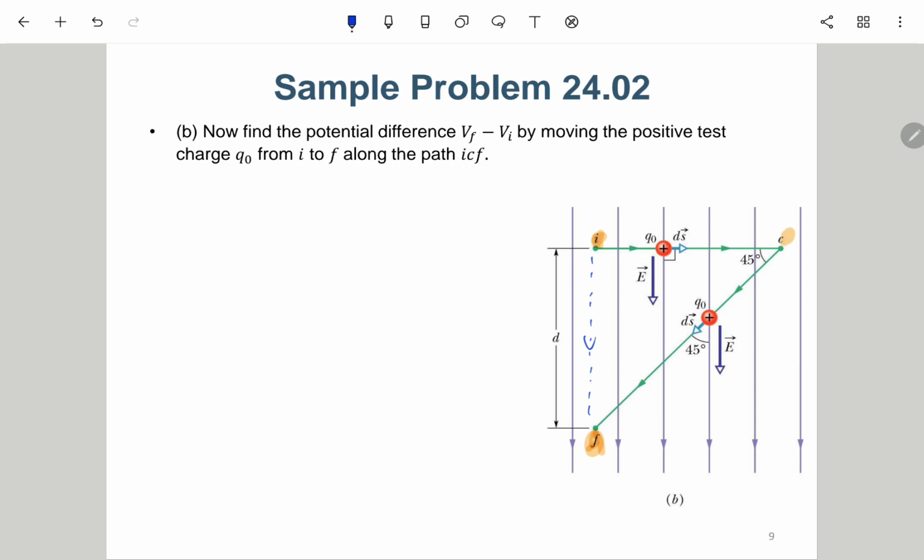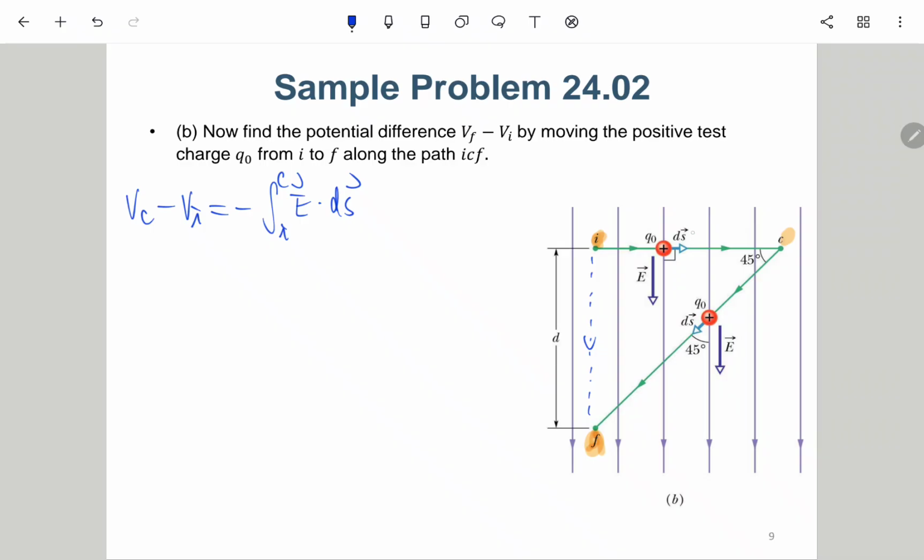For the first leg, we calculate Vc minus Vi, which equals negative integration of E dot ds from I to C. This is to get you familiar with the line integral.